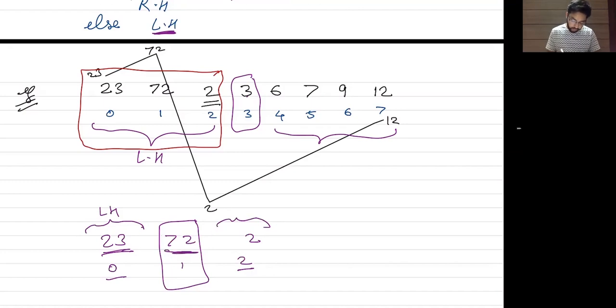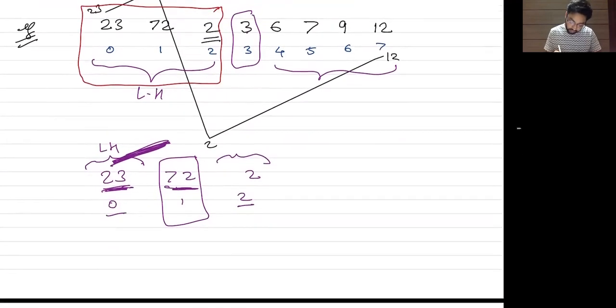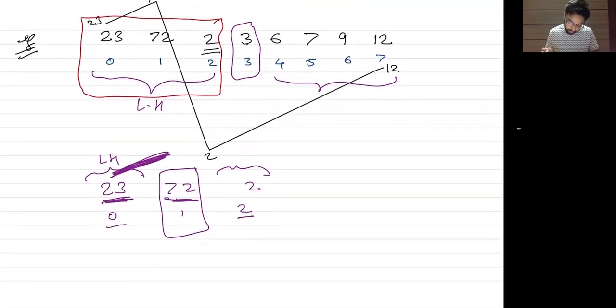Now 72 is greater than 23, which means the fall hasn't happened yet, which also means where will the fall happen? On the right of 72, which means the break element also has to be on the right of 72. Now there is only one element on the right of 72, which is 2.